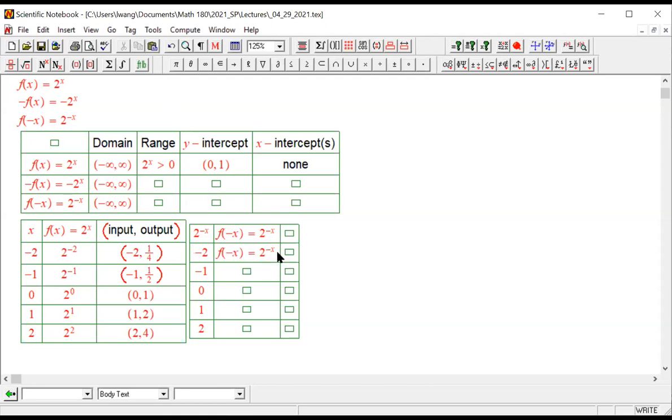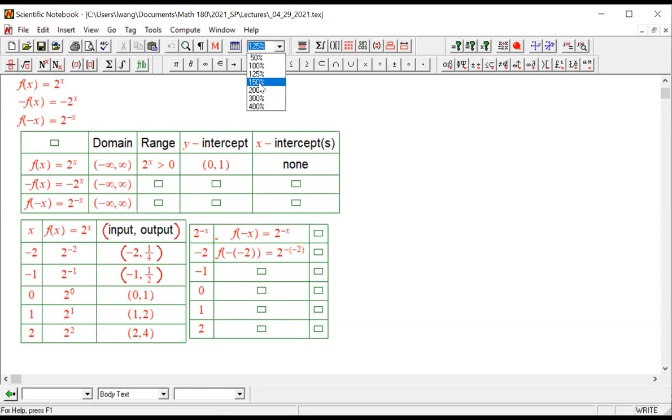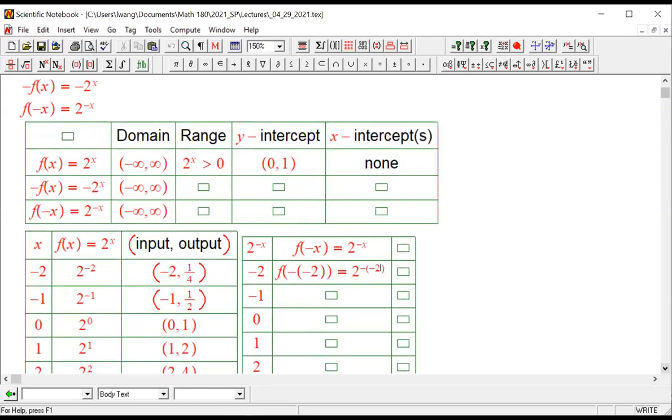This is algebraic training for you. You ready? When x equals negative 2, the input is negative 2, and over here the power is negative 2. Does everybody follow me?